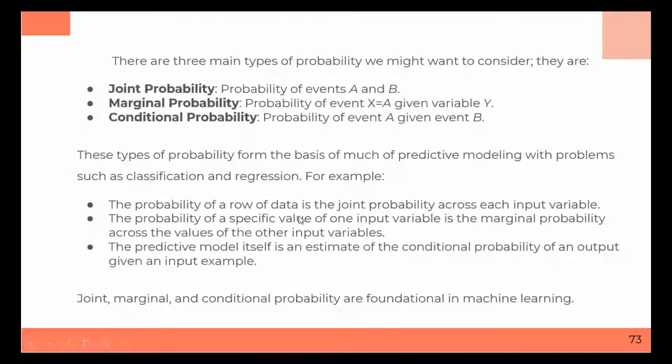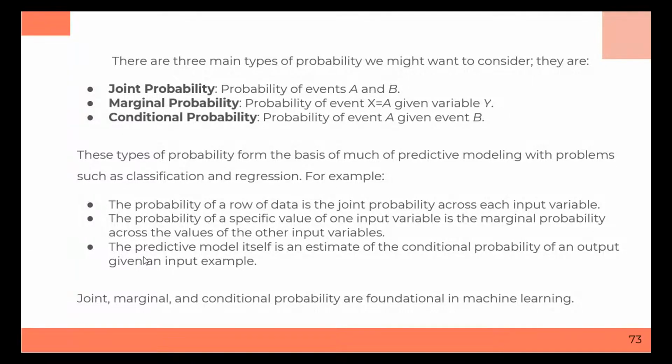The predictive model itself is an estimate of the conditional probability, which says I am going to find out the probability of A with the help of B. Do I have B? Yes, I have B available with me. I have three quotations with me. I want to find out which value I can fit on. Conditional probability of an output given an input.